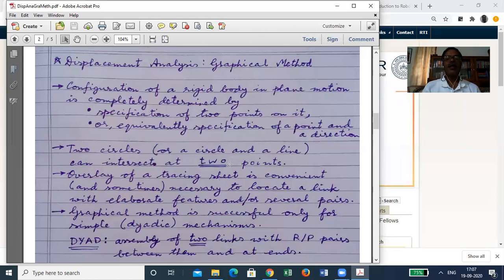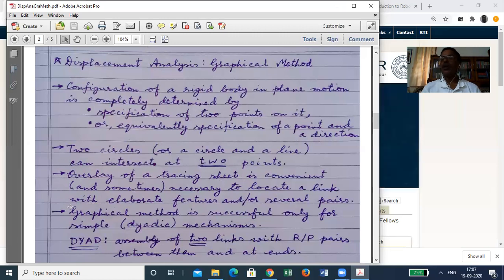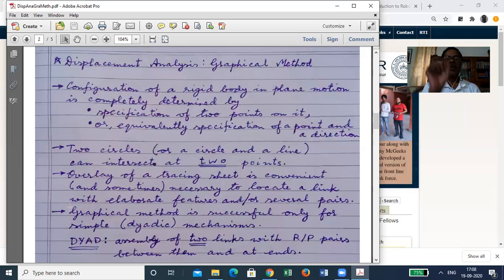Overlay of a tracing sheet is convenient and sometimes necessary to locate a link with elaborate features and several pairs. For example, of this face, suppose the location of the nose tip is known and the center line through the nose tip and lip center is known, then you locate the center line of the face. And after that, what do you do?